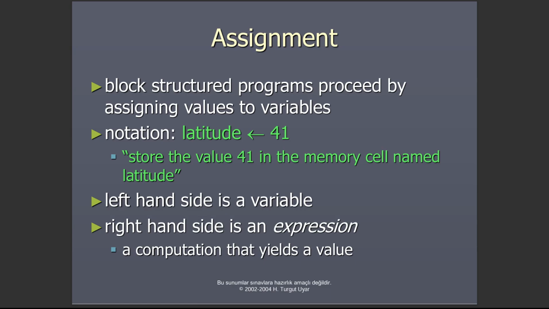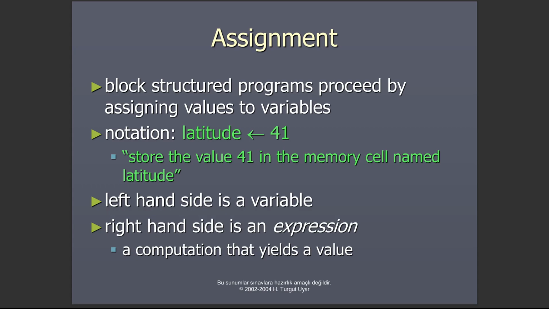And assignments. You will say, what does assignment have to do with it? In programming, we assign values to variables. This means we put data into the memory. For example, latitude = 41 means we stored the value 41 in the variable called latitude.